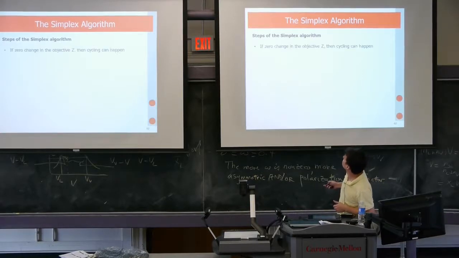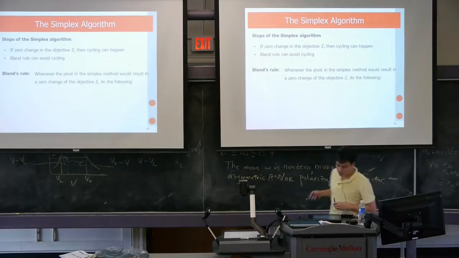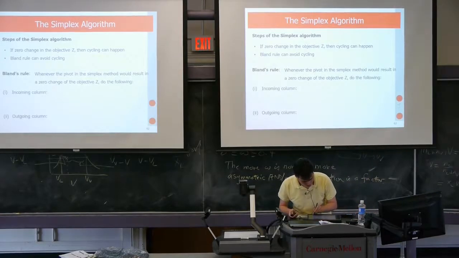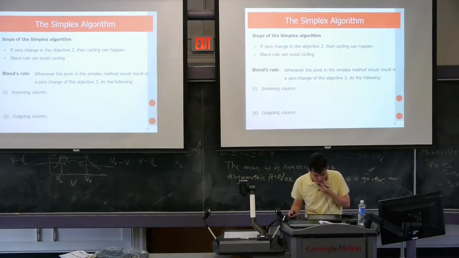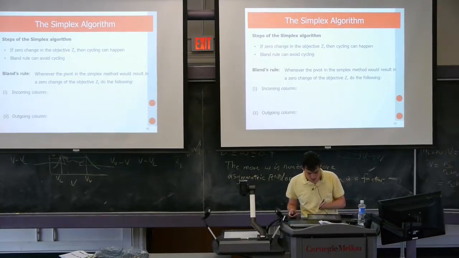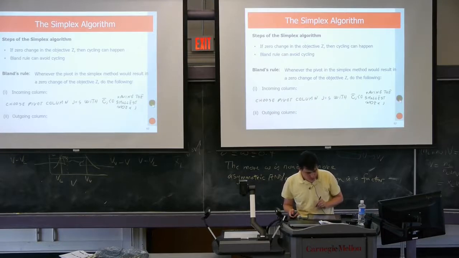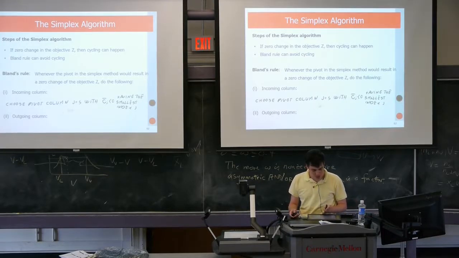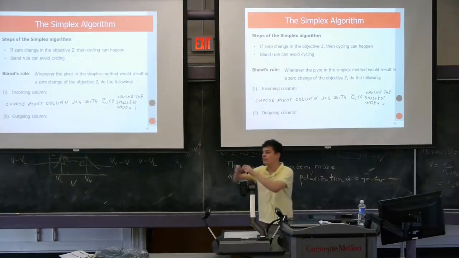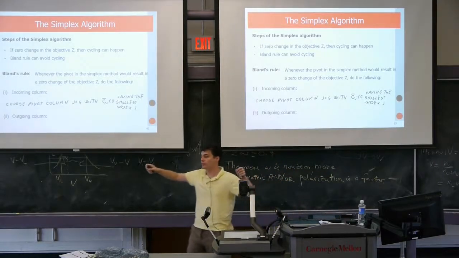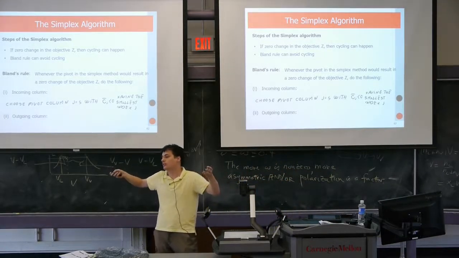One is the so-called Bland's rule, where they just say if the cost function doesn't change, then you can choose that column where the index is smallest. So there was this question that if we have many negative cost factors, then we can choose any of them.